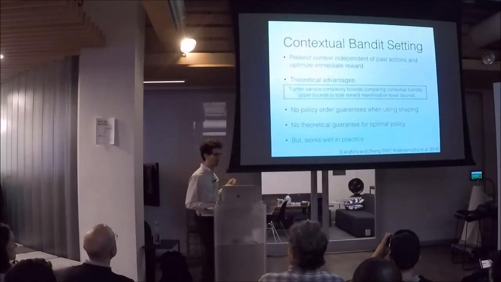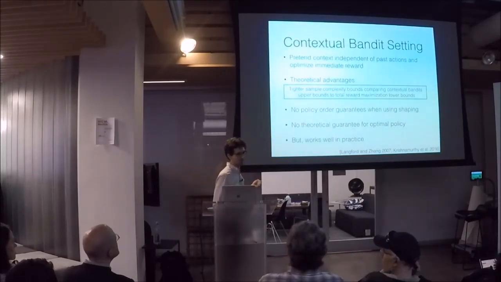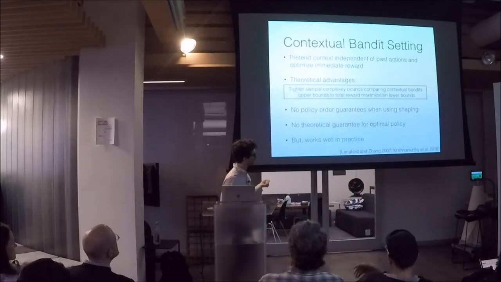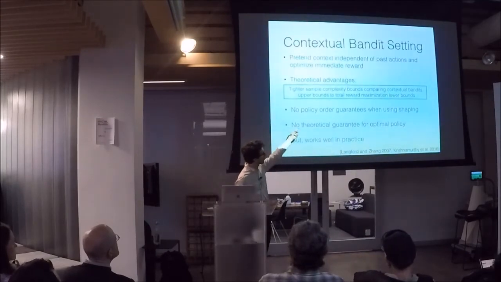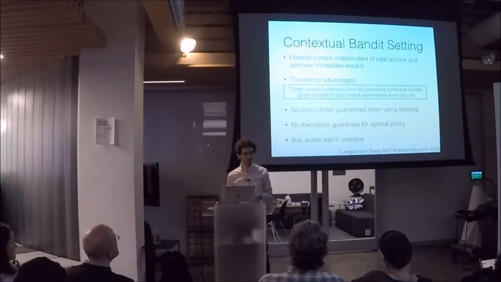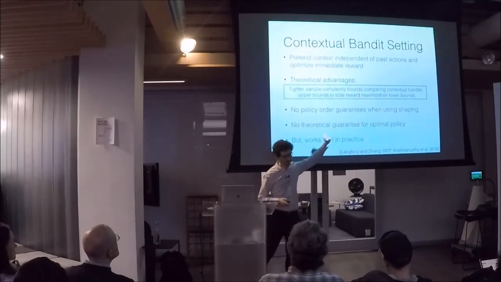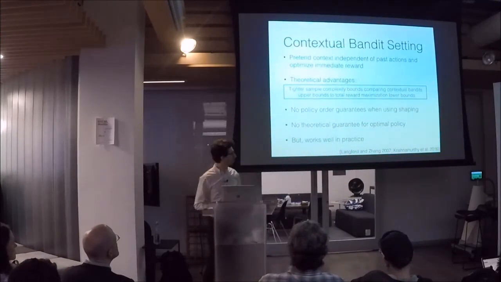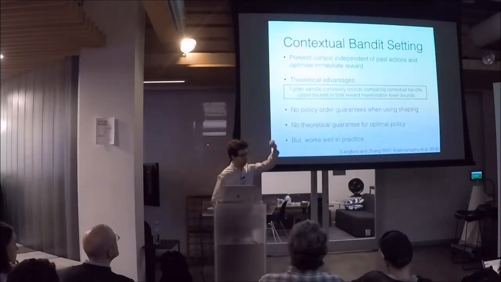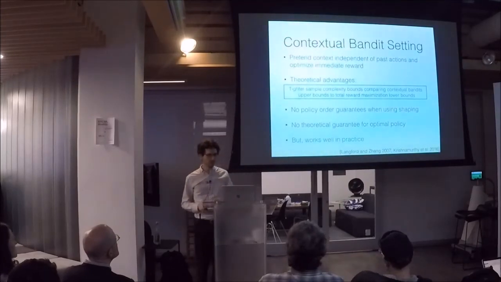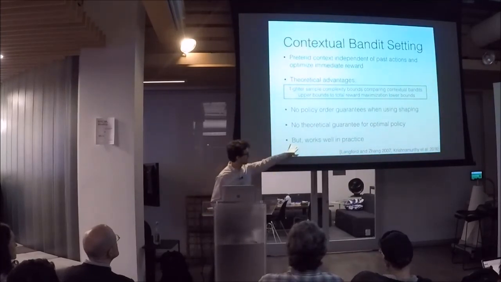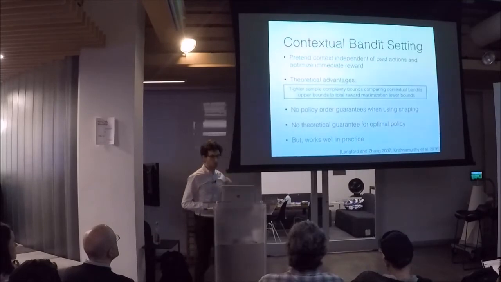That's out of the window. It doesn't exist for the contextual bandit. There is no theory behind it. And there are also no theoretical guarantees for the optimal policy, although arguably this doesn't exist in recent works as well, because we are working with non-convex functions. But, and this is what we're going to see in the results, it works really well in practice.